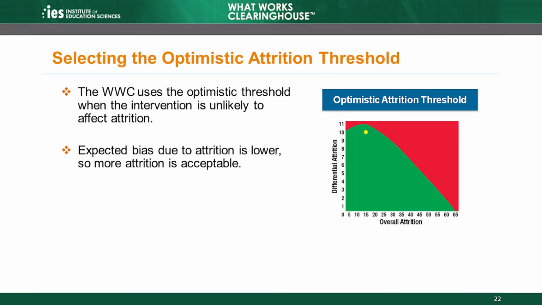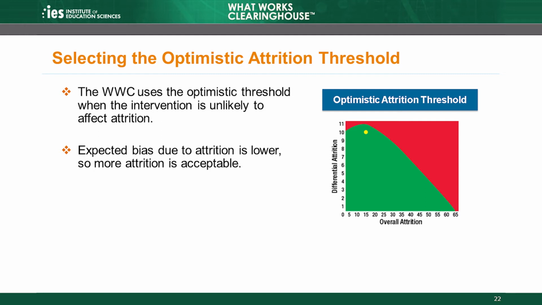When does the WWC choose the optimistic threshold? WWC review teams choose the optimistic threshold when they believe that the types of interventions studied are unlikely to affect attrition. For example, the beginning reading topic area uses the optimistic attrition threshold because, for students in early elementary grades, attrition is likely to result from things like students being absent on the day of testing or families moving between schools or districts.